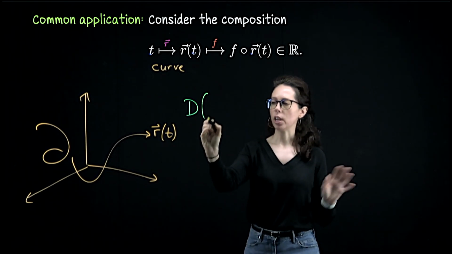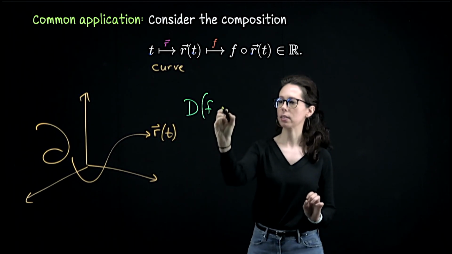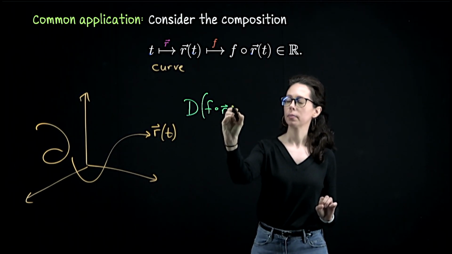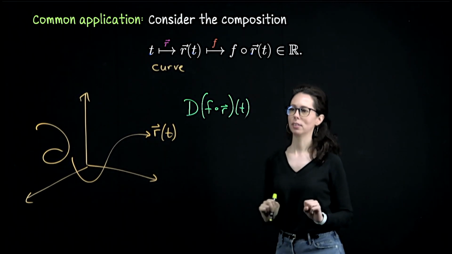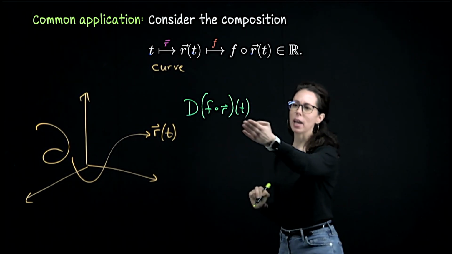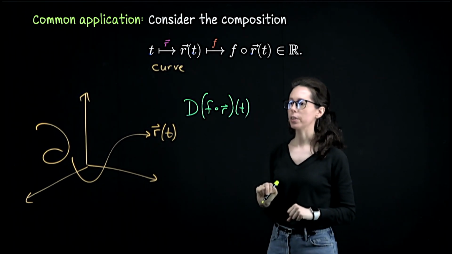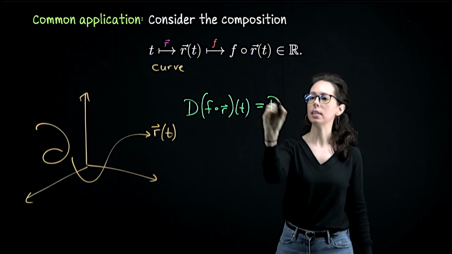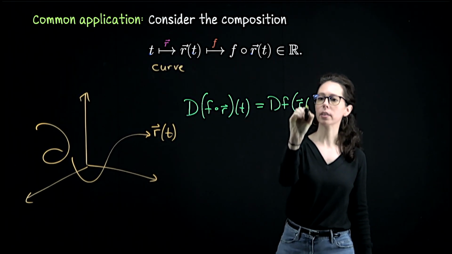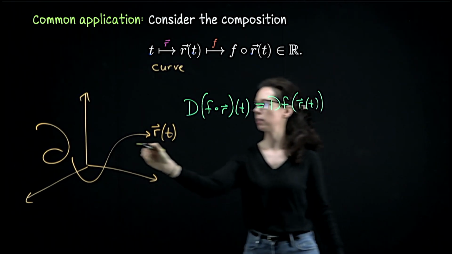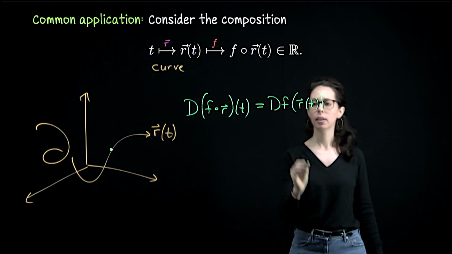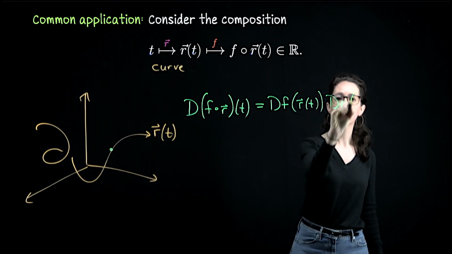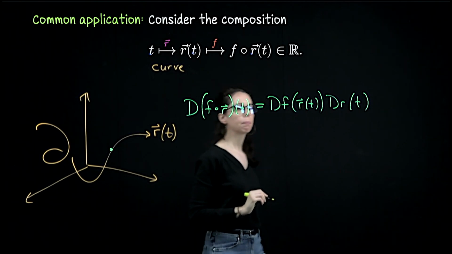So just to state the chain rule without thinking about the context, we would say that the Jacobian, how do I want to phrase this, like that? Yeah, let's do that. At some time t where this composition is, say, differentiable, the associated Jacobian is going to be df at the point on the curve in question, so df evaluated at wherever we are interested in, times dr at that moment in time.